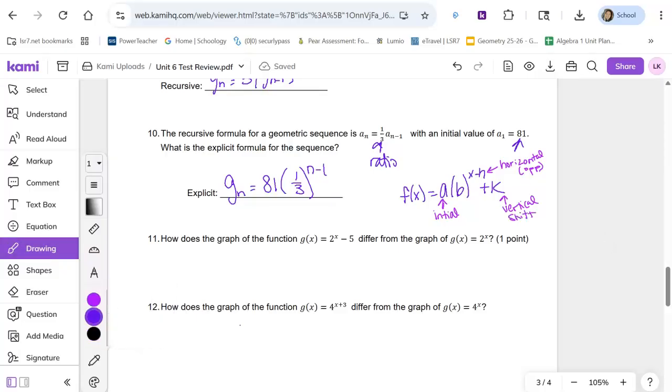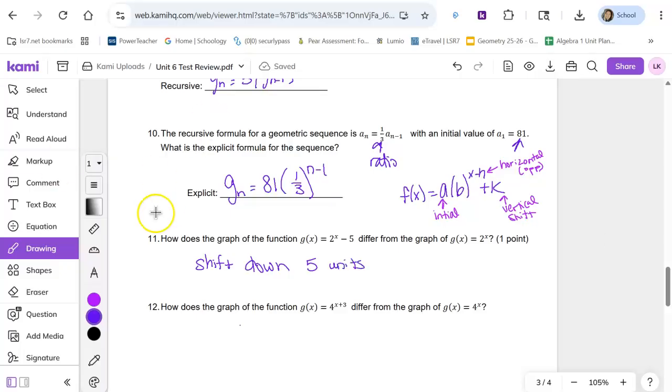Looking at this, I know that everything's the same, but it says minus 5. So it's going to shift down 5 units.